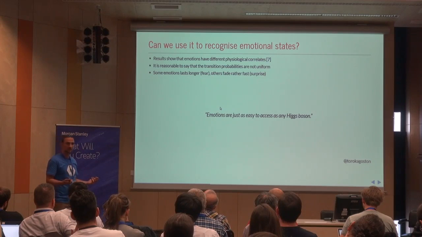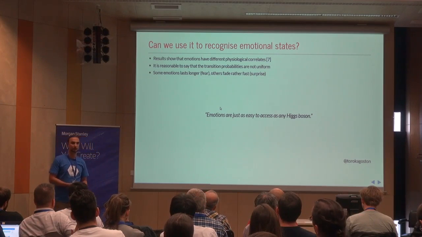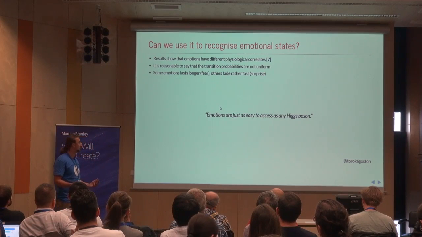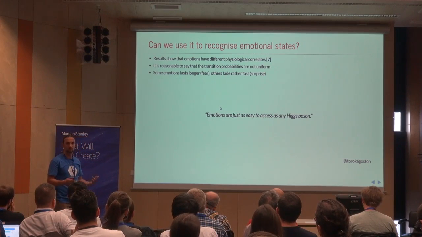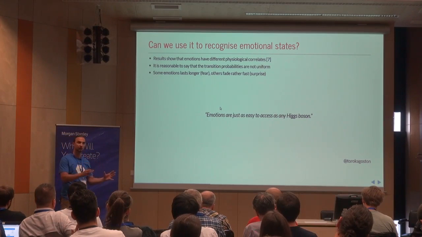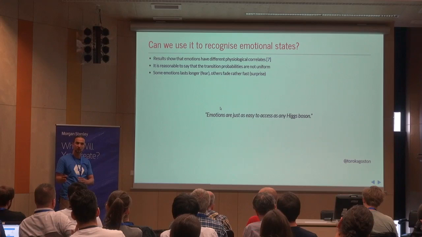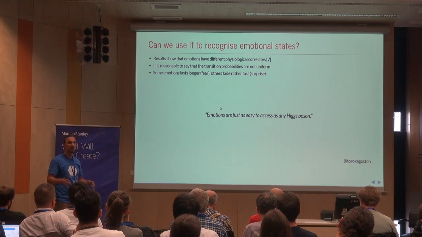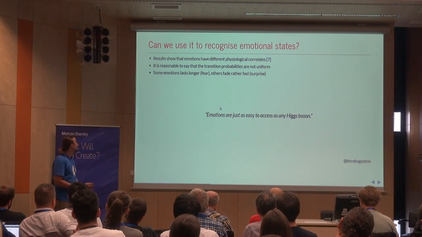Our question was, can we use a hidden Markov model to recognize emotional states? And we have results available that assume that state and prove that the physiological background of emotions is different. So based on the physiological correlates, we can identify an emotion with a certain probability.